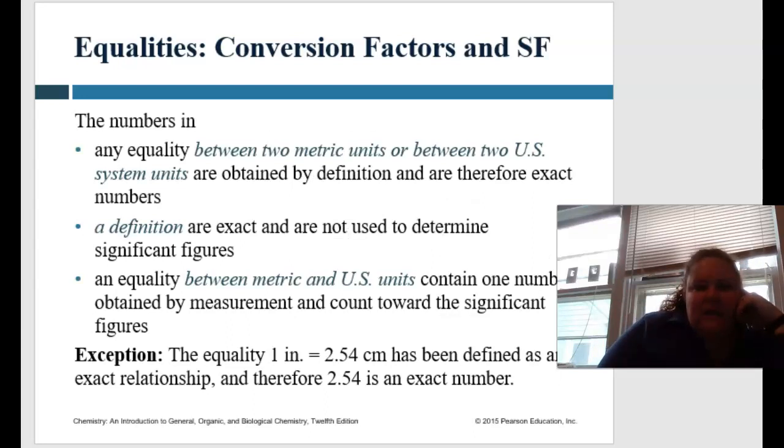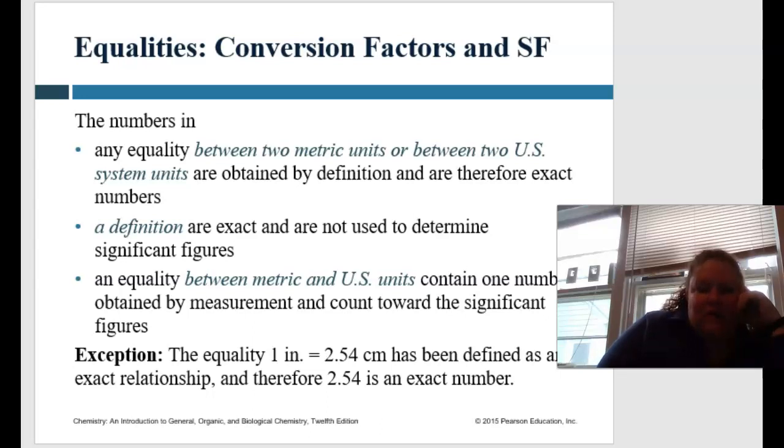The numbers in any equality between two metric units or between two US units are obtained by definition and are therefore exact numbers. We talked about exact numbers way at the beginning of Unit 1. Definitions are exact, and they're not used to determine significant figures.